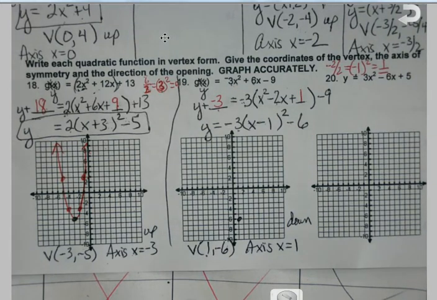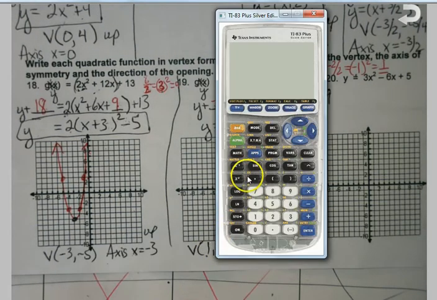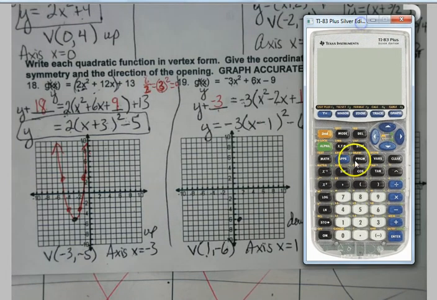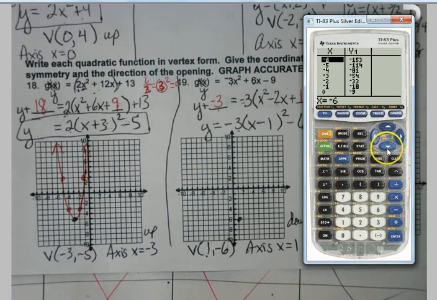Now again, I can try to get fancy and play the pattern, or I can say, well, I am content since I currently have access to a calculator. I'm just going to type my original equation in. I'm going to go to my table, and again, I need my vertex in the middle.